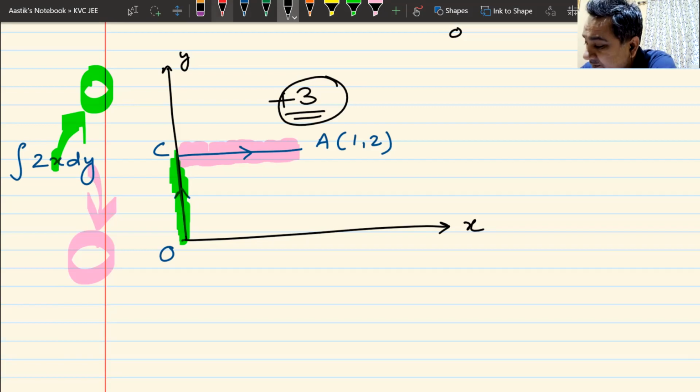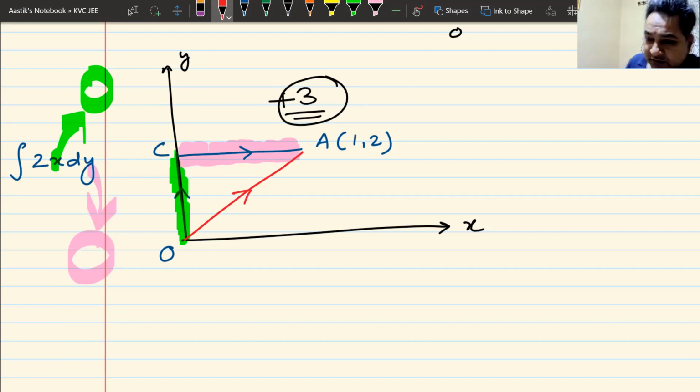Then comes the last part, and since you have become mature enough, I will just write the last part as the red one. And I'm going to go like this, dhak, dhak, dhak, dhak, dhak. What is the answer for this one?